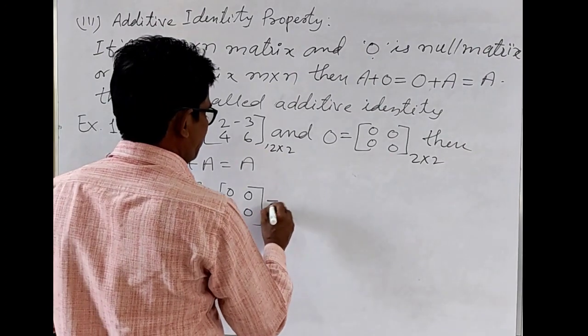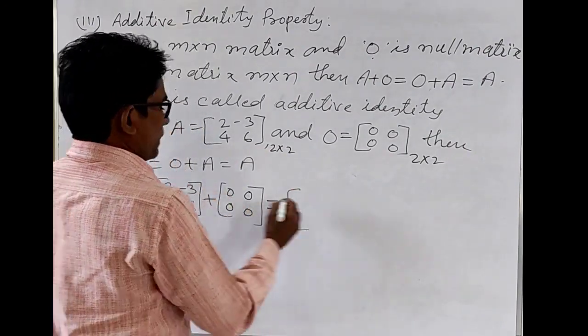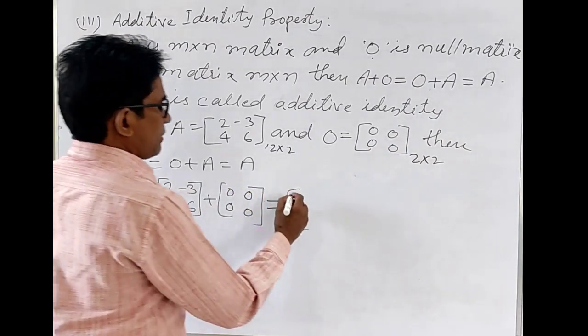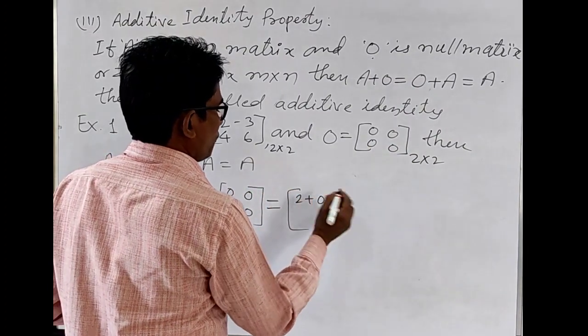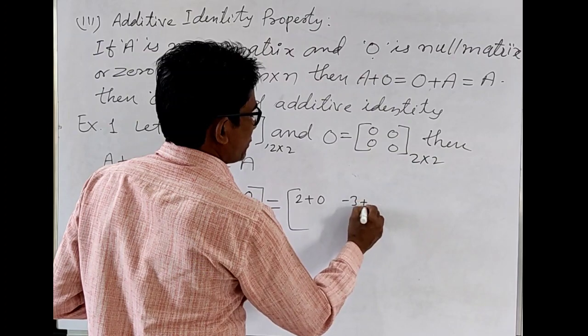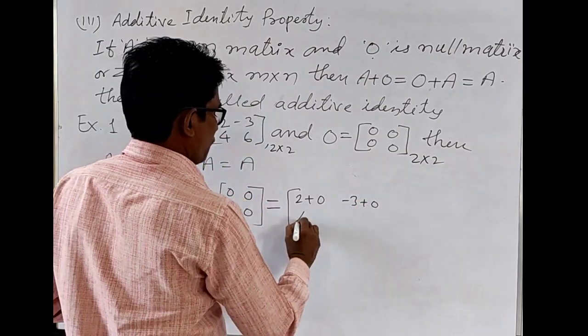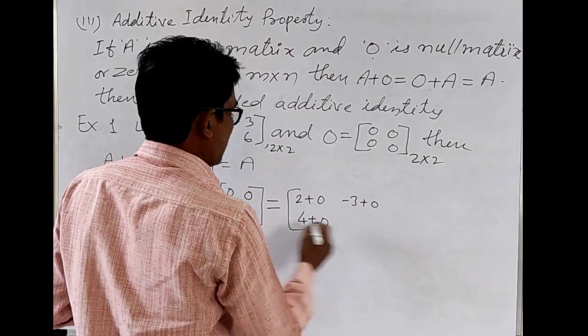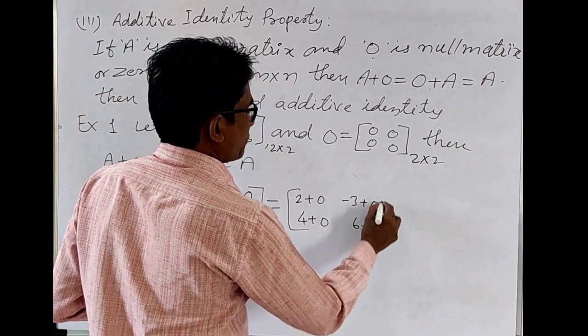So what happened? First element add with first element, 2 plus 0, then minus 3 plus 0, 4 plus 0 and 6 plus 0.